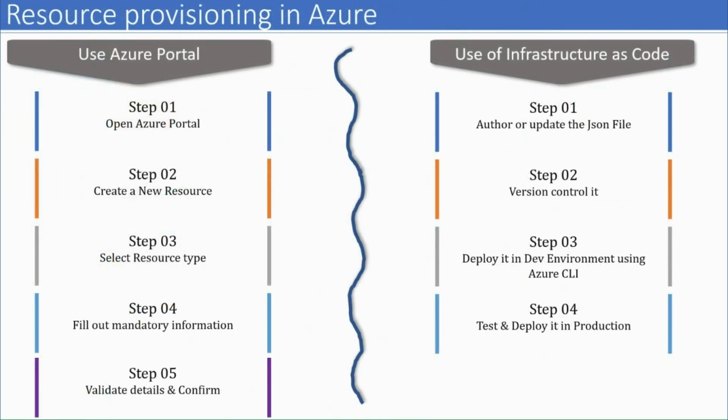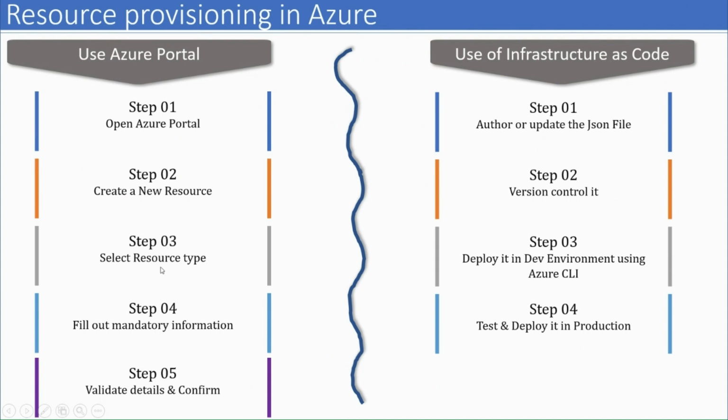So now let's see an example. Let's take the Azure portal through which we can create a resource or set of resources in a specified deployment environment. So here you need to first open the Azure portal with your user ID and password. You need to opt for the type of the resource you want to create.